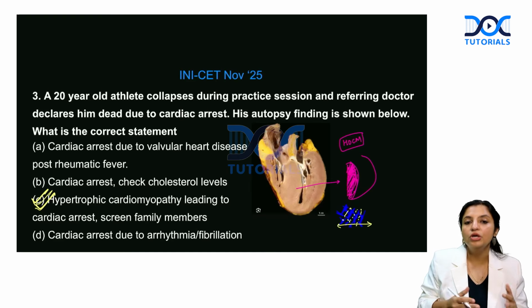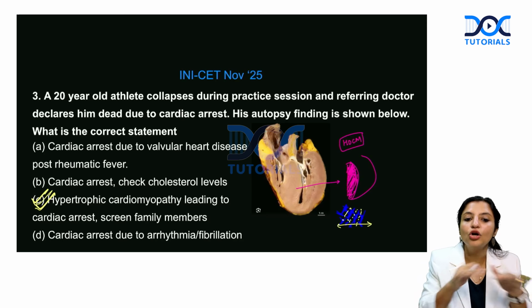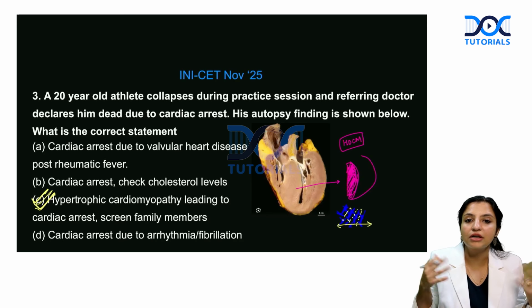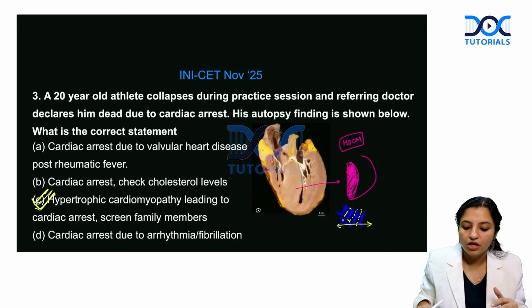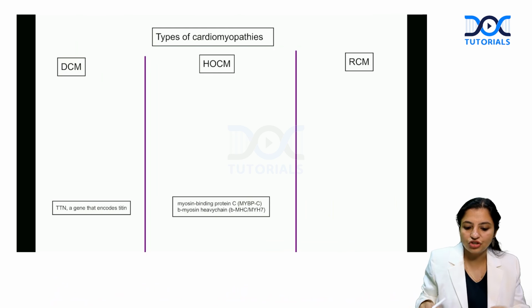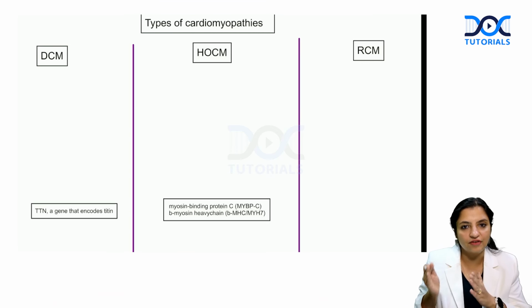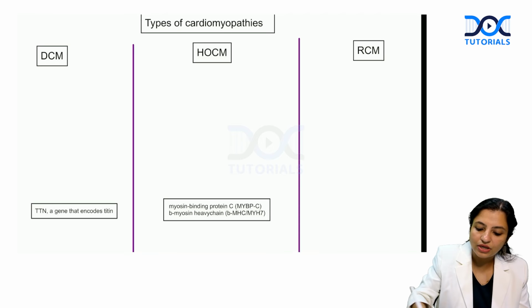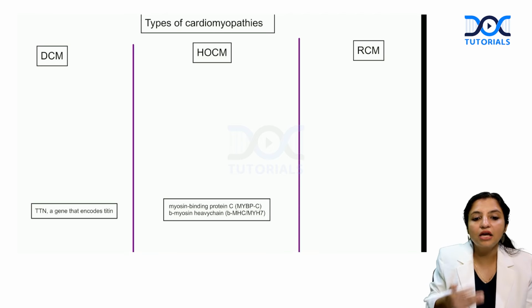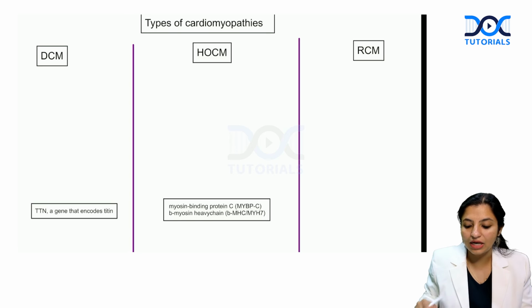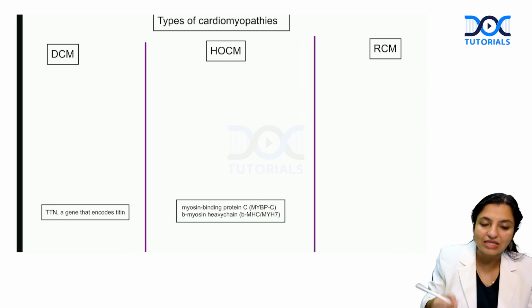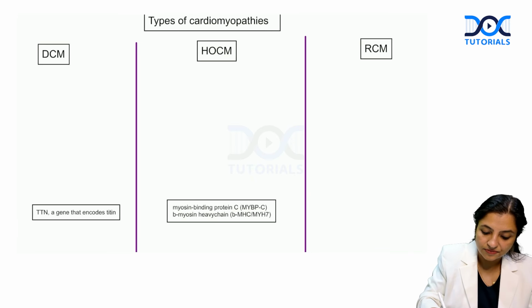And what you should do is screen all the members of the family, because these are usually genetic. We have three major types of cardiomyopathy which everybody should remember: dilated cardiomyopathy, HOCM, and restrictive. In HOCM, we just saw that the heart muscle fibers were not able to relax properly, so it is basically a diastolic defect.